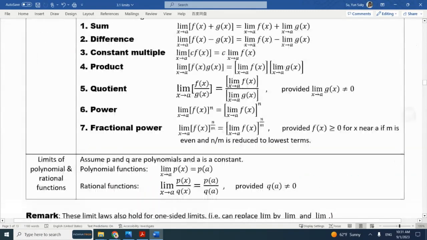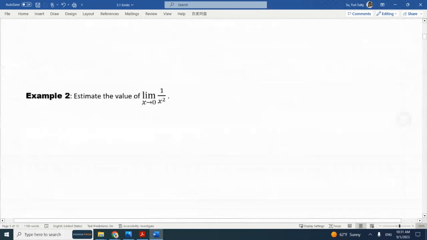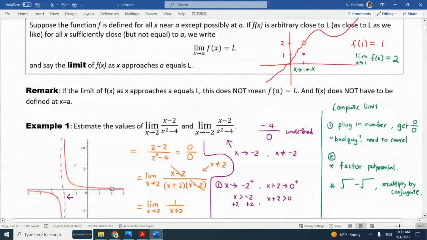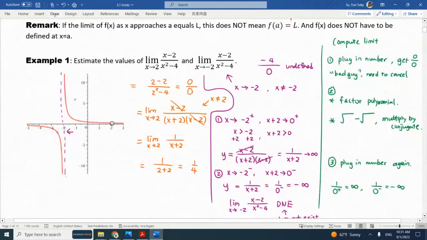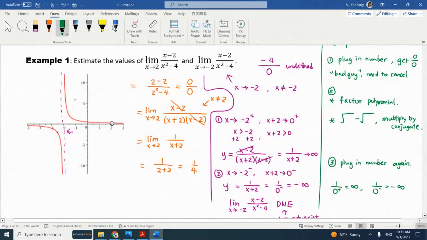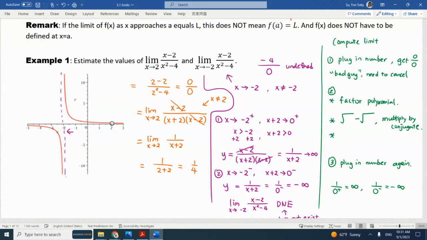So maybe go back to your first page. Look at the steps. It depends on the problem. If you have fractions, you want to combine into a single fraction and you want to simplify.